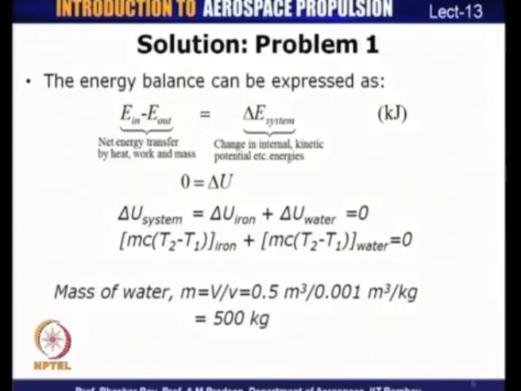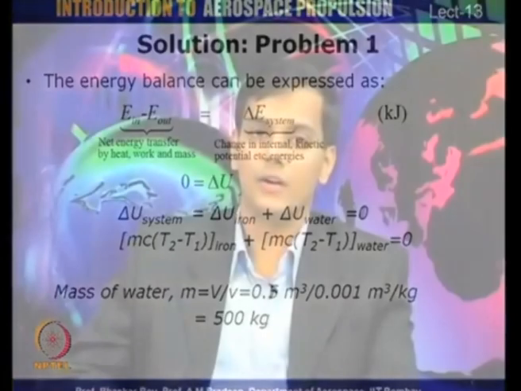Now, in this problem we have been given the volume of water. So, it is given that the volume is 0.5 meter cube within the system boundaries. To find the mass, we have to take the ratio of volume and the specific volume, which is basically the inverse of density. The density of water, as we know, is 1000 kilogram per meter cube. Therefore, specific volume is 1 by 1000, that is 0.001 meter cube per kg.